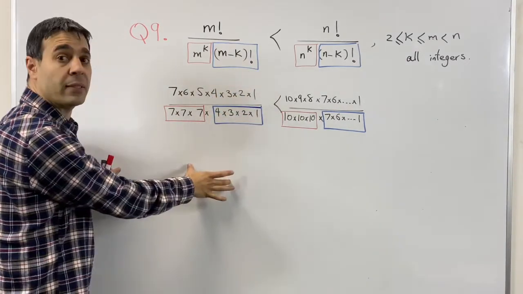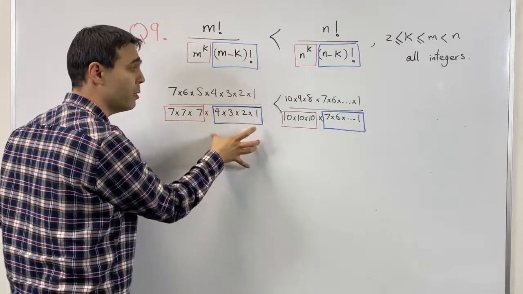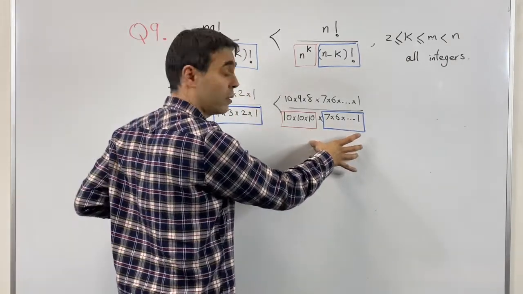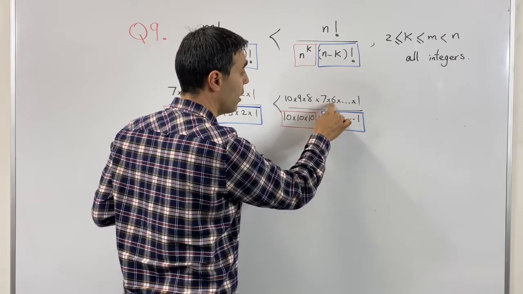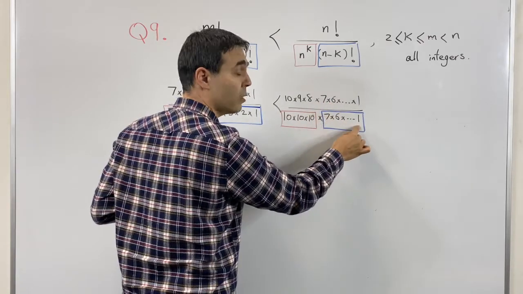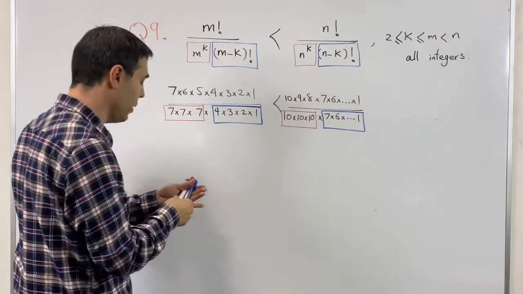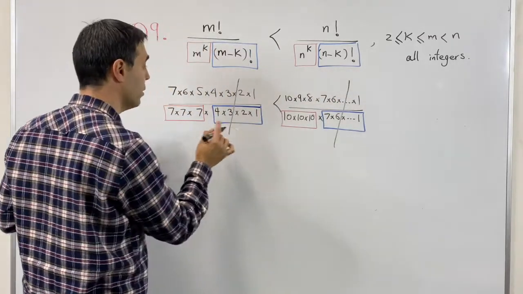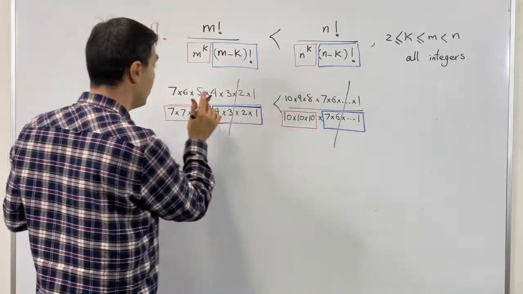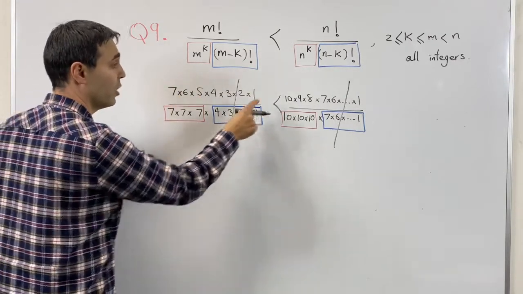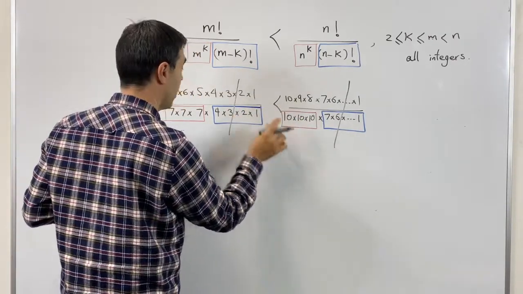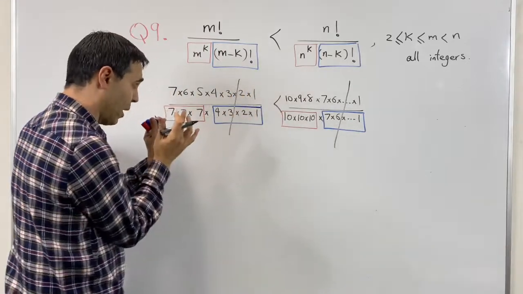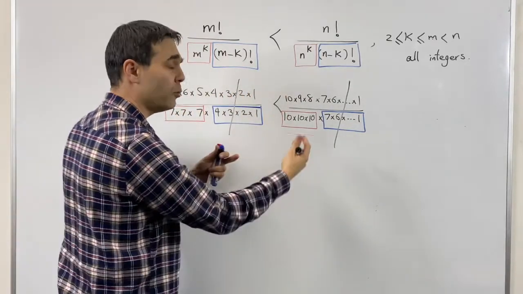They completely cancel each other out. I have a similar structure on the right side: 7 times 6 up to 1 and 7 times 6 up to 1. So I completely cross them out. I know these cancel. So what I have to show is that this is less than this. I'll write them again, a little bit shorter, and then you see what to do.